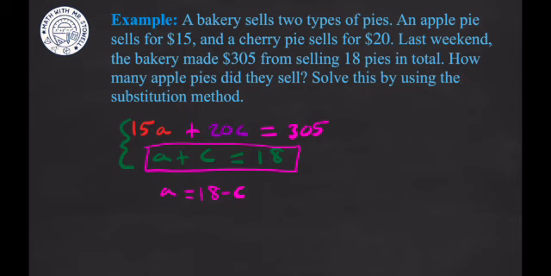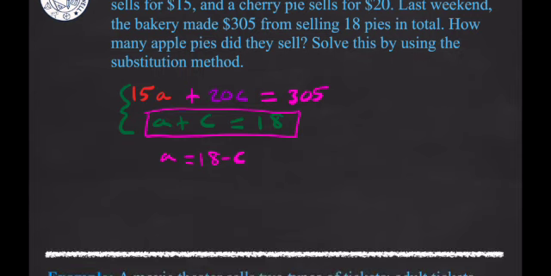Okay, so we now know that the apple pie is equal to the 18 pies minus however many cherry pies we had. This is the same a that is in the other equation. So let's take that equation and plug it in. We're going to substitute it in place of a.